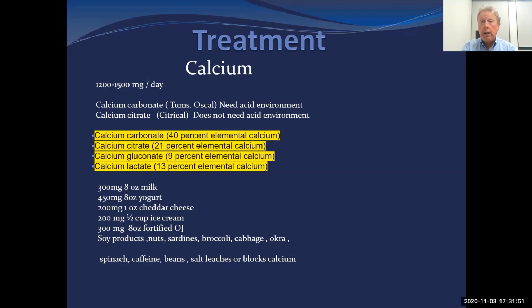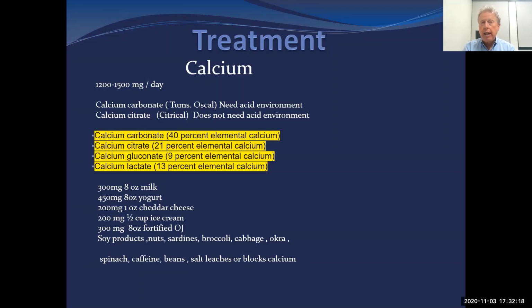Fortified orange juice is actually pretty good for that. And then you look into other things that have calcium. Soy products, such as tofu and some soy milks, have pretty good calcium. Nuts, and sardines have pretty good calcium, not the boneless sardines, but the bone-in sardines. Broccoli has pretty good calcium, as do cabbage and okra.